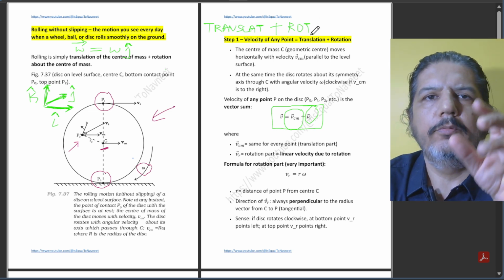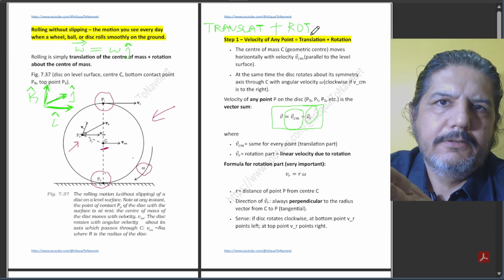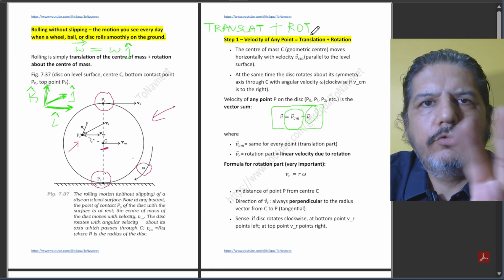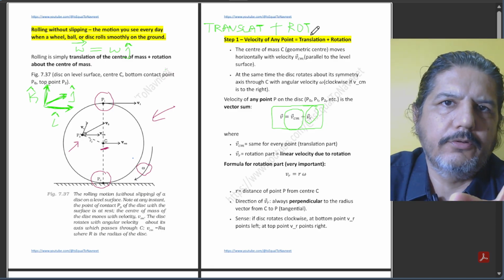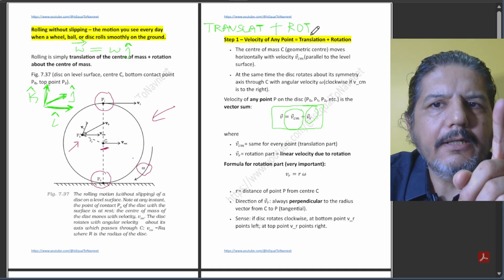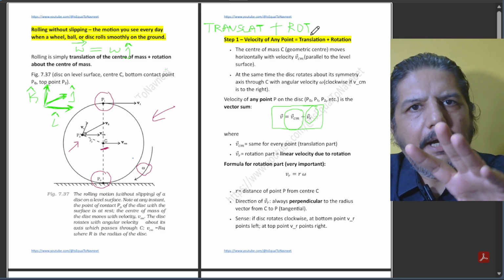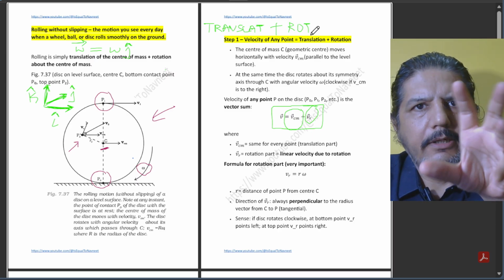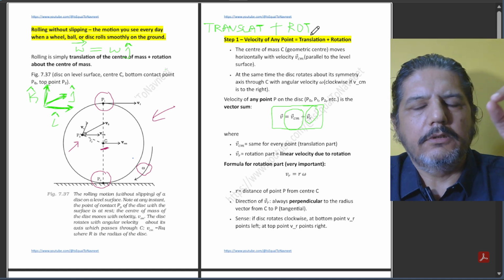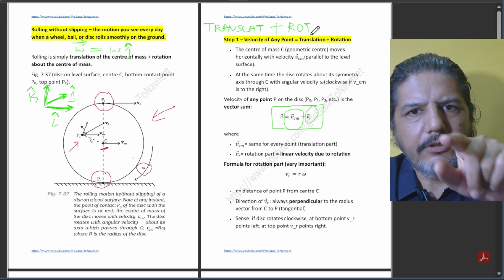You'll have studied in your books also that rolling motion can be said as an addition of two movements, translational plus rotational. One would be a translational motion, the other would be the rotational motion. When you have to analyze the full movement of a rolling wheel which is going towards this side, it is the sum of the translational motion plus the rotational motion. So this is what it means.